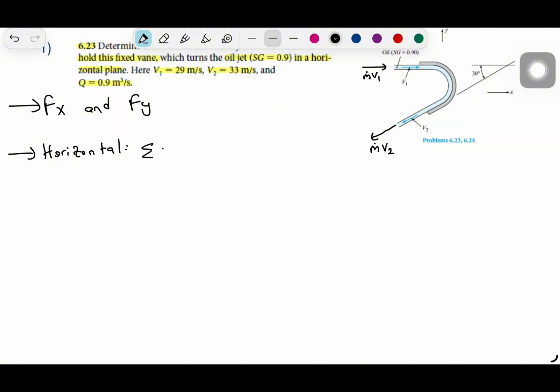So we have this momentum equation for the x direction. We have m dot, which is the mass flow rate, times the out velocity in the x direction, and we have the mass flow rate times the inlet velocity, still in the x direction.